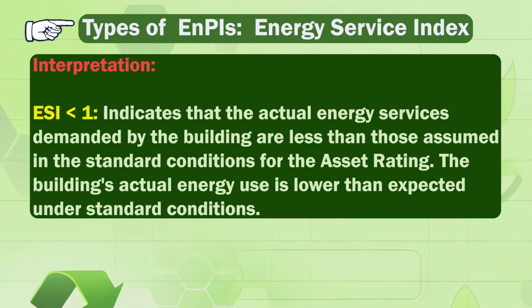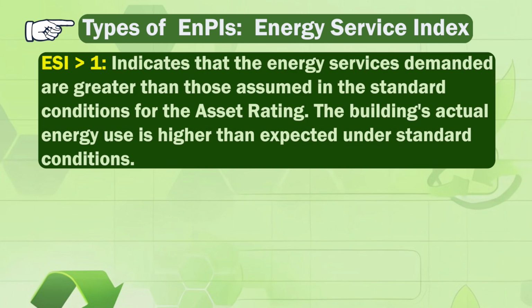Now, if ESI is less than 1, it indicates that the actual energy services demanded by the building are less than those assumed in standard condition for the asset rating. The building's actual energy use is lower than expected under standard condition, which is very good.